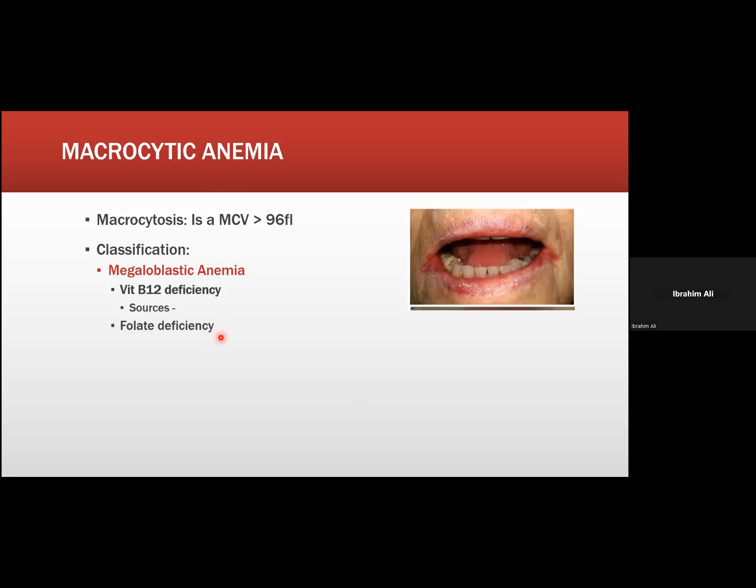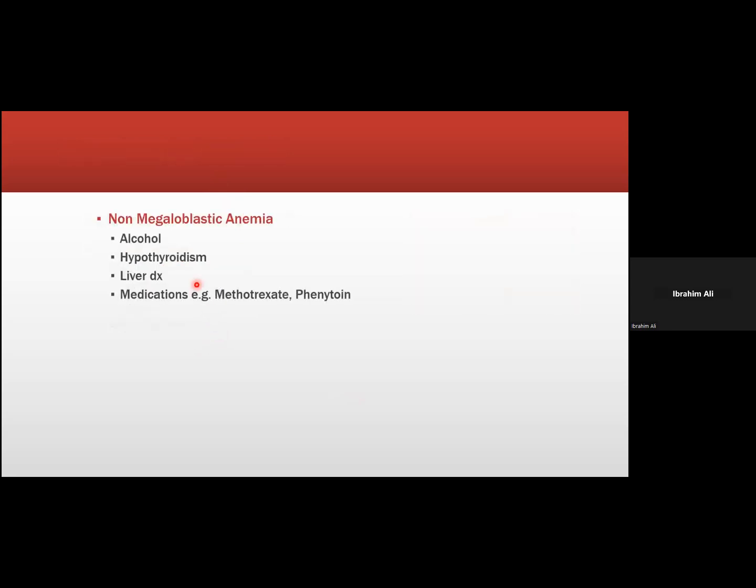And for non-megaloblastic, we have alcohol that can cause non-megaloblastic anemia, and in case of hypothyroidism and liver disease, in this case non-alcoholic liver disease. And then medications like Septrin, phenytoin, and those can cause it as well.